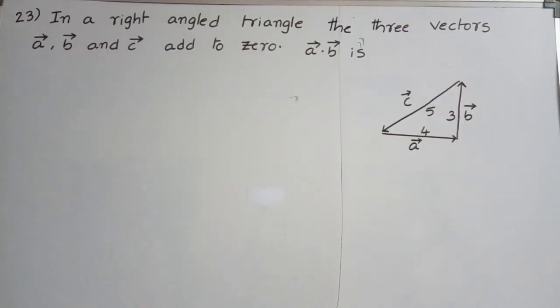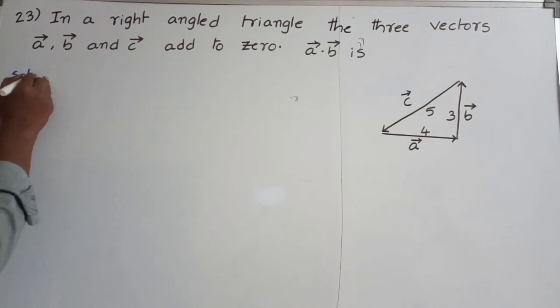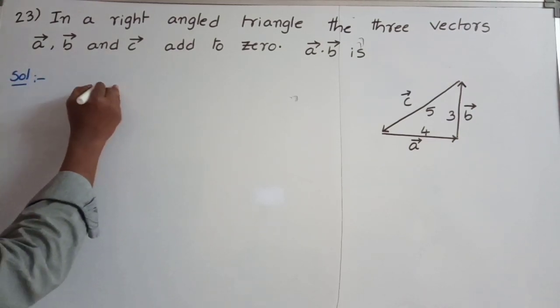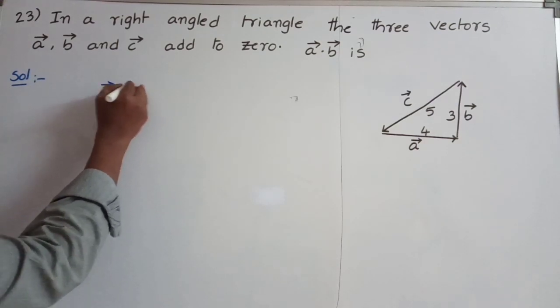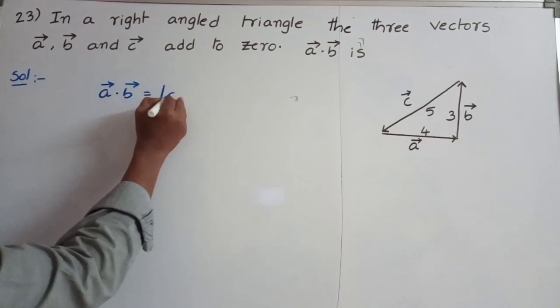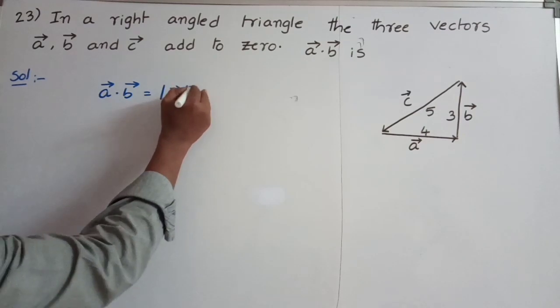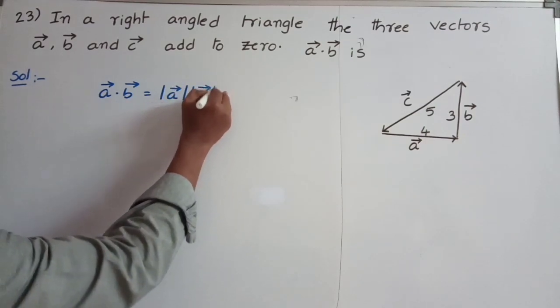Problem number 23. In a right angle triangle, the three vectors a bar, b bar and c bar add to 0. A bar dot b bar is. We know the dot product a bar dot b bar is equal to the formula magnitude of a bar into magnitude of b bar into cosine of the angle between them.